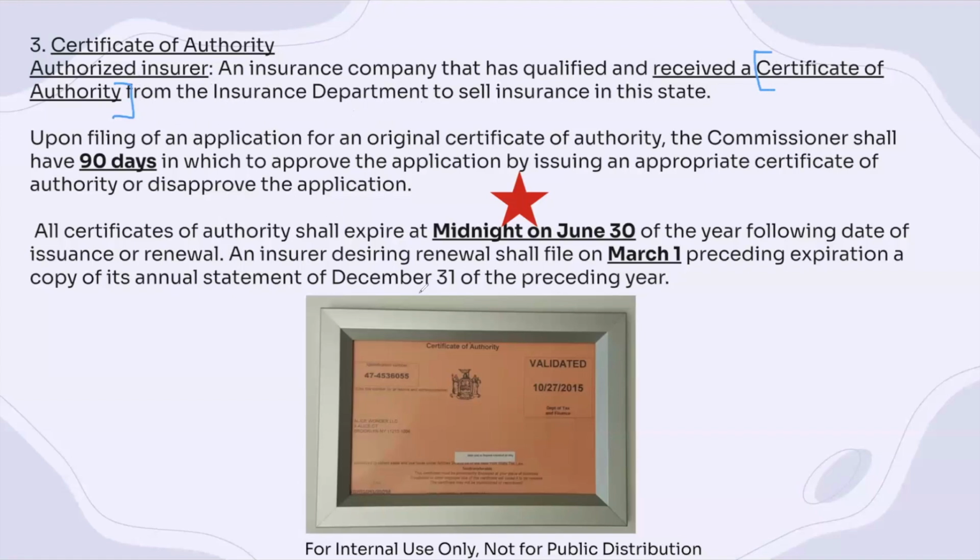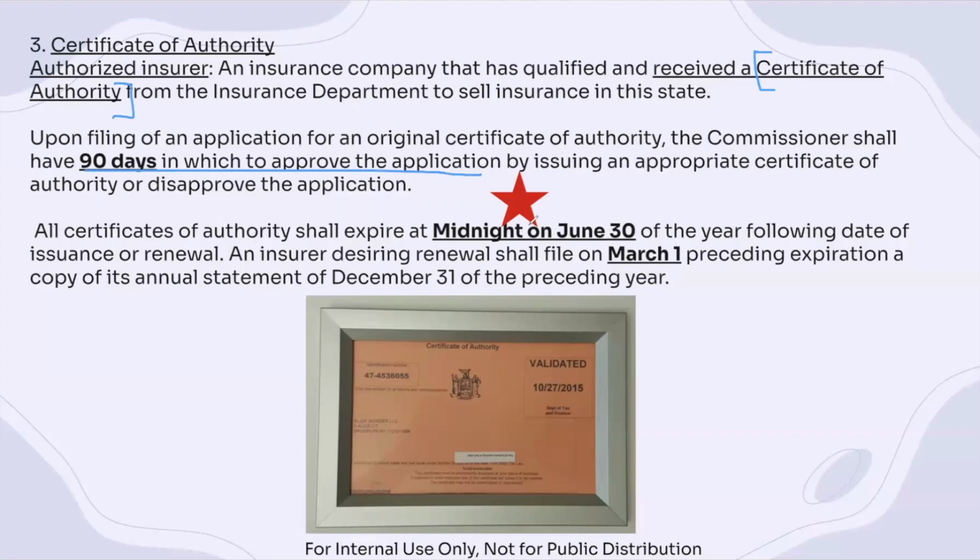Here are some details about it. Every state has its own filing process, but you do want to know some of the dates related to it. How long does the commissioner have to approve the application? In the state of Georgia, it's 90 days.